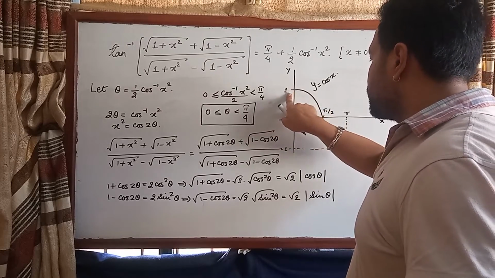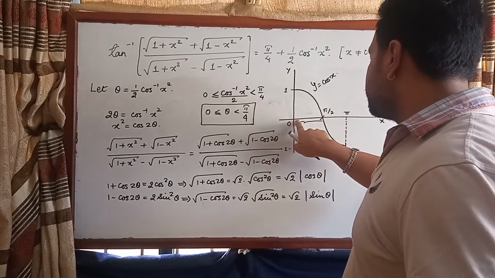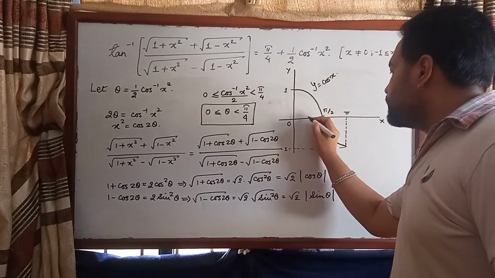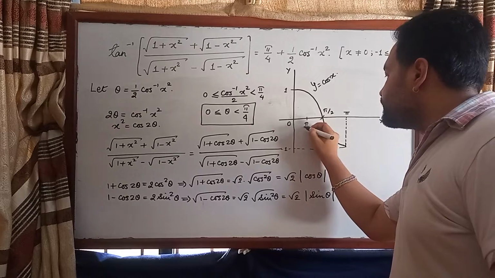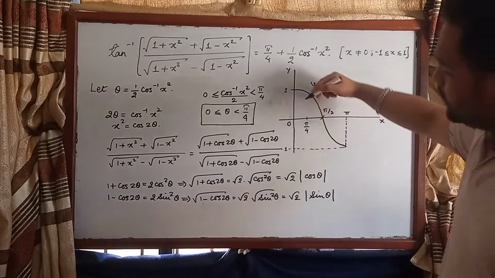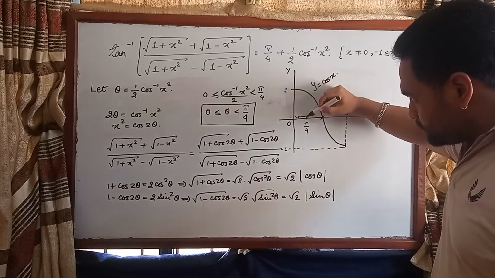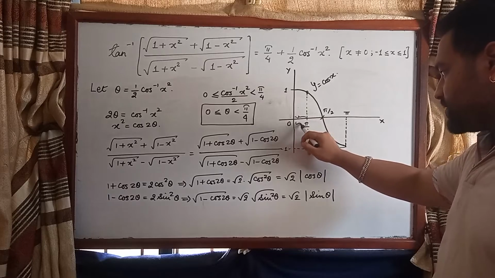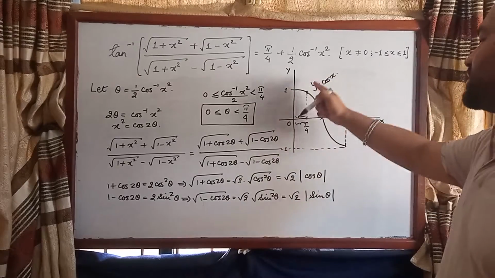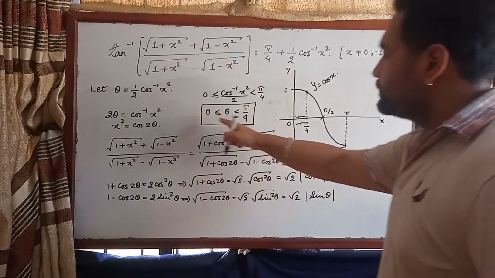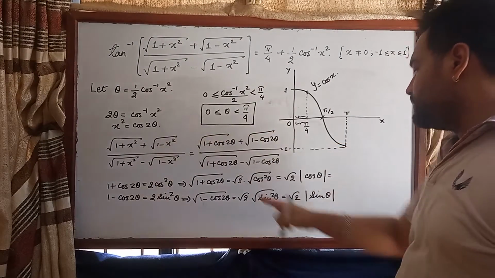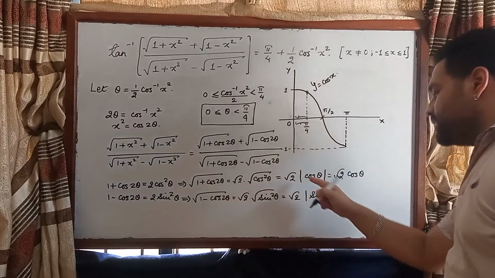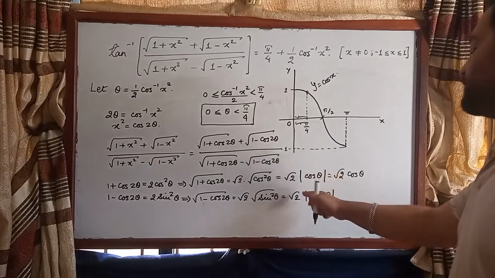For these values, the cosine of theta is always non-negative, so we can omit the absolute value, the modulus sign.